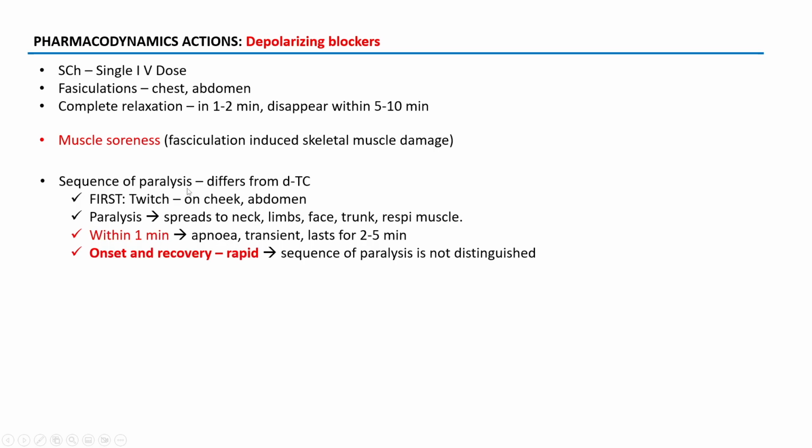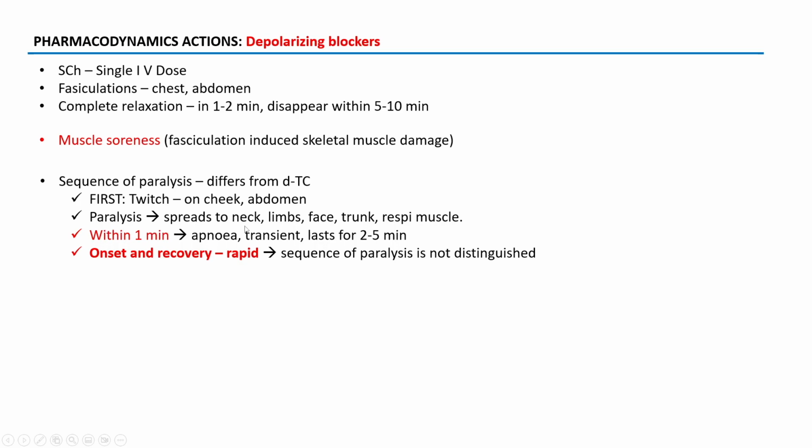So what are the consequences of the paralysis? This will differ from D-tubocurarine, which is a non-depolarizing skeletal muscle relaxant. There will be a first twitch, which can be seen on the cheek as well as the abdomen.